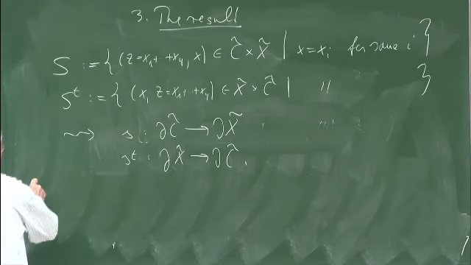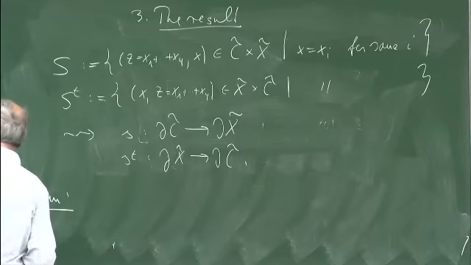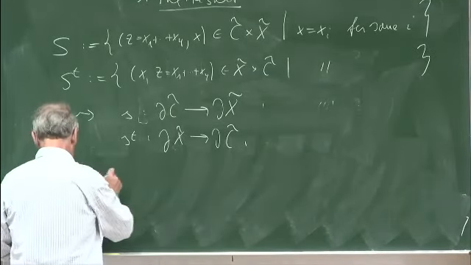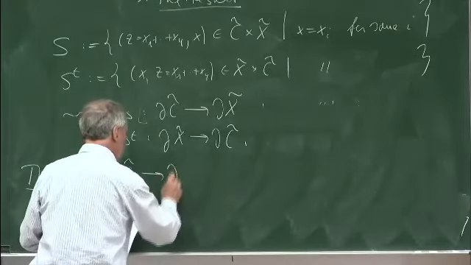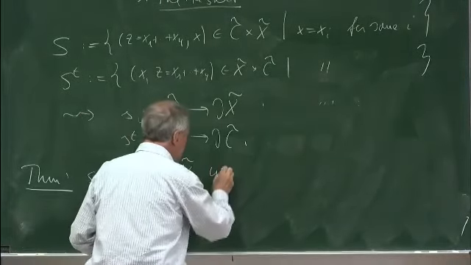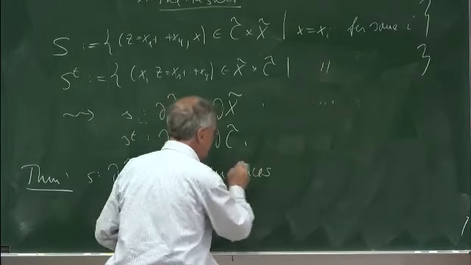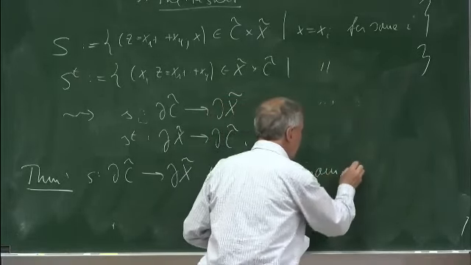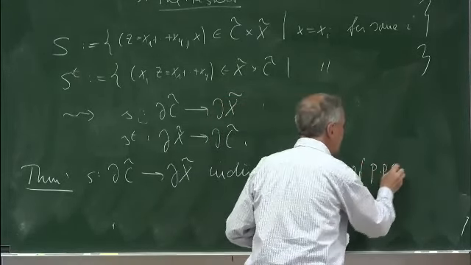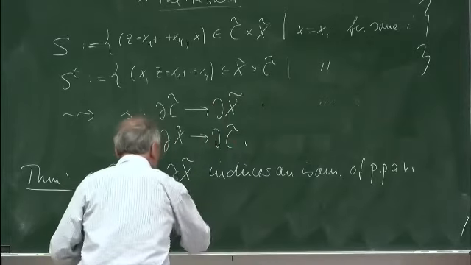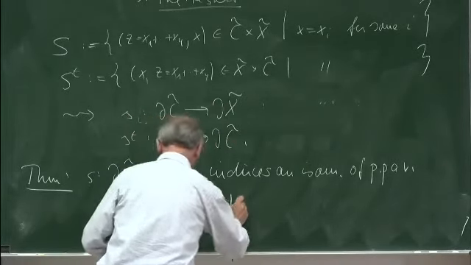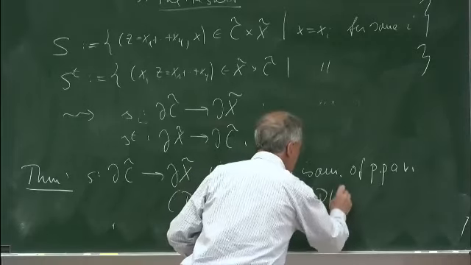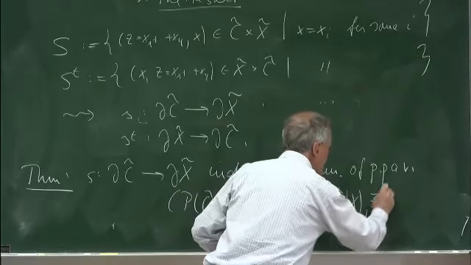Then the theorem I would like to prove is that s of JC tilde into JX tilde, it is not an isomorphism, induces an isomorphism of principally polarized abelian varieties, namely P of C tilde over C with the principal polarization goes to P of X tilde over X with the principal polarization here.